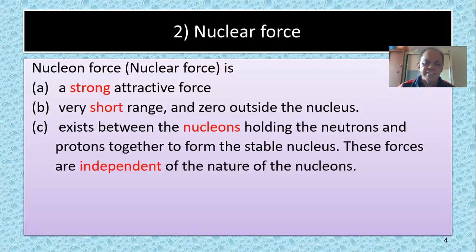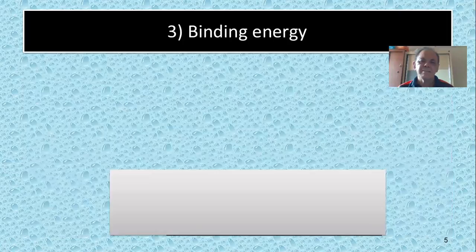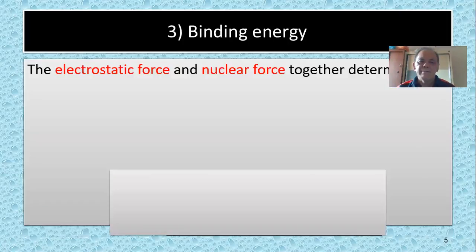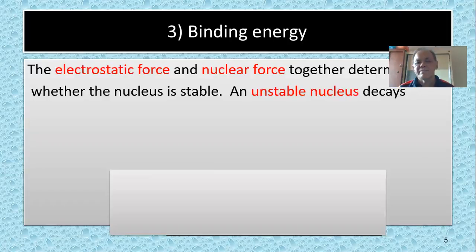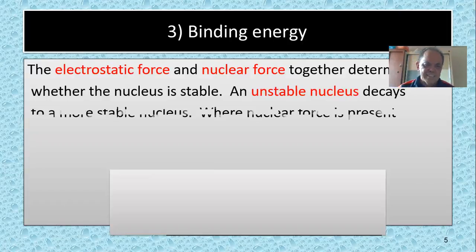So whether a nucleus is stable depends on two forces, the nuclear force and the electrostatic force. Together they determine whether the nucleus is stable. An unstable nucleus decays to a more stable nucleus.